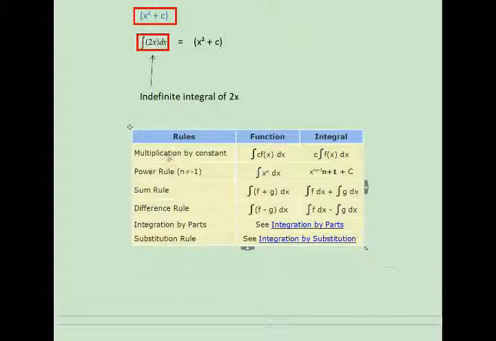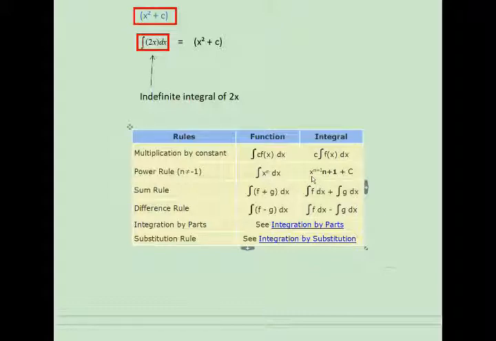Okay, let's move to the basic rules of integration. As you can see, these are the basic rules of integration. The first one is multiplication by constant, then power rule, sum rule, difference rule, integration by parts, and substitution rule. For multiplication by constant, you have a constant in your function, so you take out the constant and just integrate your function.